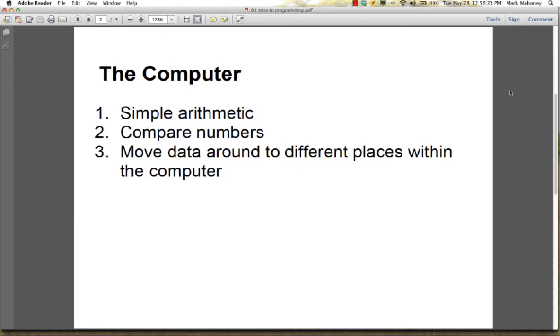So think about all the programs you use every day. Most of the things I do nowadays are in a web browser. So I might look at Facebook or do a Google search or Twitter. You might use a word processor, you might use a spreadsheet. All of these, if you boil them down, they're really just combinations of those three basic operations.